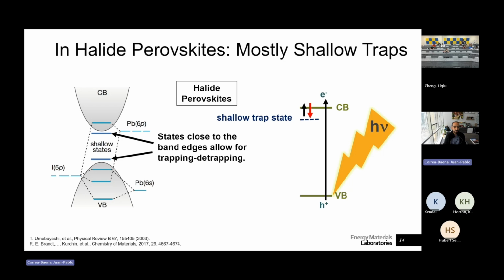At room temperature, those electrons go down in energy into this state and then go back up, because there's enough thermal energy at room temperature for this process to happen. So in general, we know that these shallow traps are benign. They're not bad for the device, and these electrons are able to then be extracted into the system.